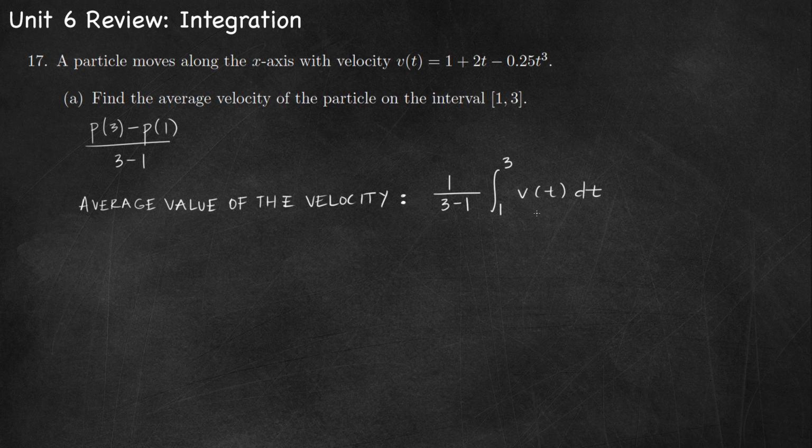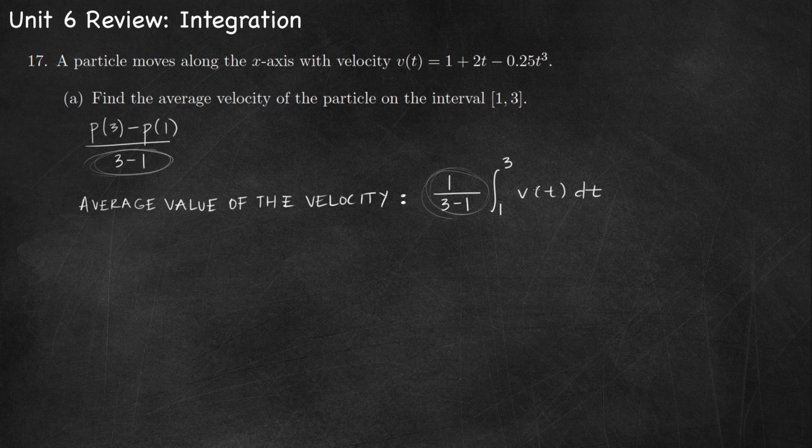Now, hopefully you can see a connection between these two formulas, because when we integrate, well, first of all, multiplying by 1 over 3 minus 1 is the same as dividing by 3 minus 1. So that's the connection to the denominator here and here. And then the integral of v is just p, and it's a definite integral.